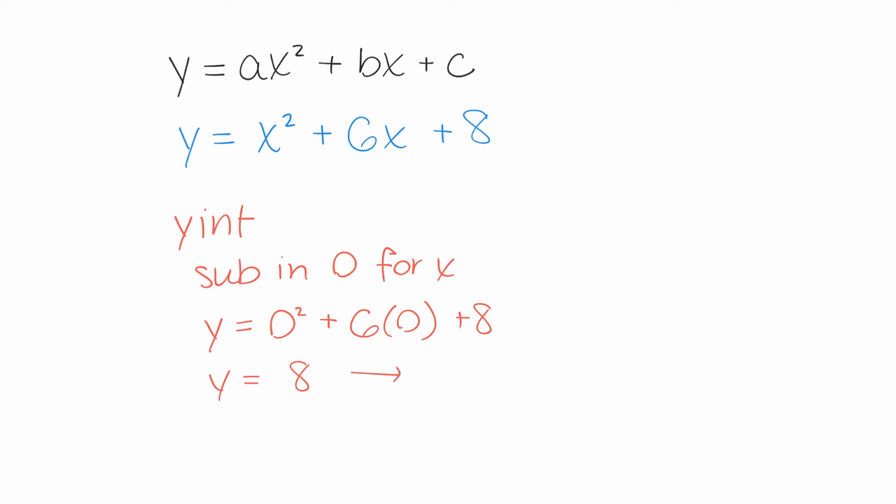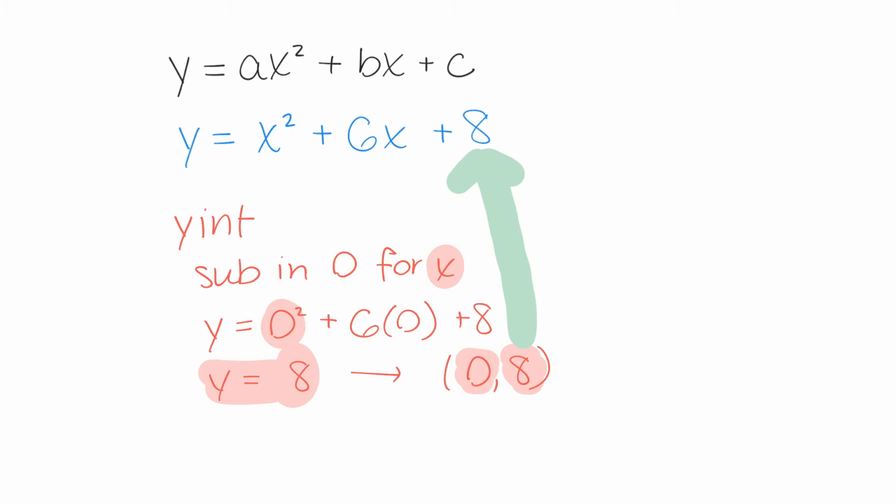So therefore, my y-intercept is (0, 8), because I used an 8 for my y, and I used a 0 for x. So here's a 0 in the x position and an 8 in y. There's your y-intercept. You'll notice the shortcut is that the y-intercept is always the very last thing, the c value.